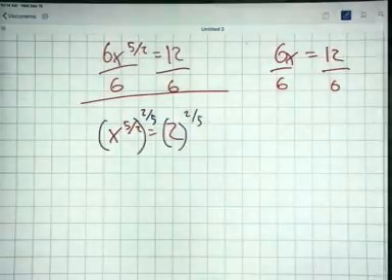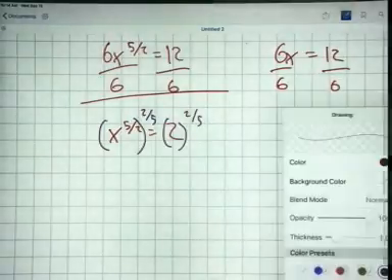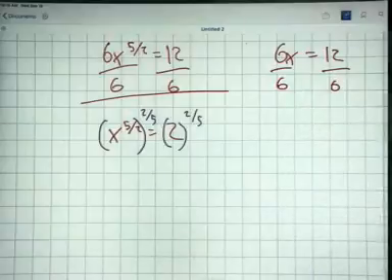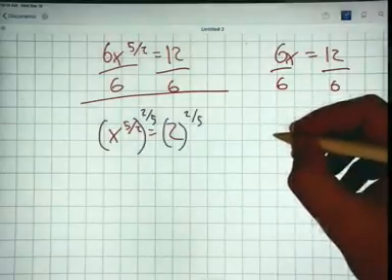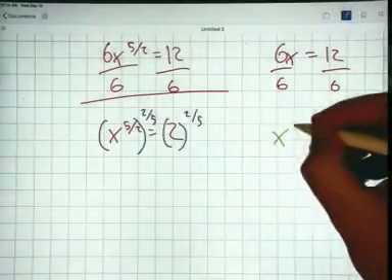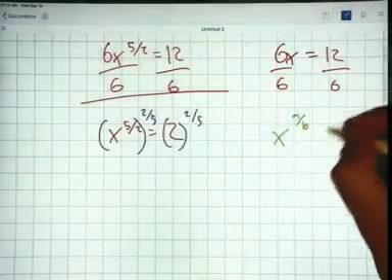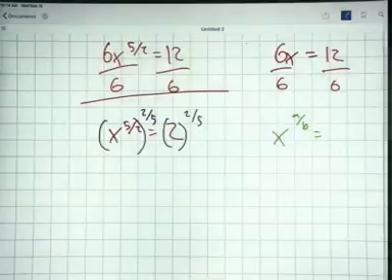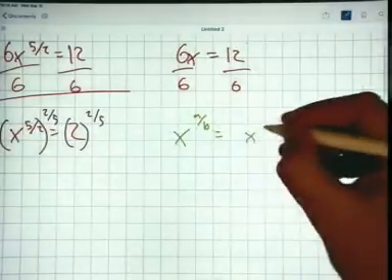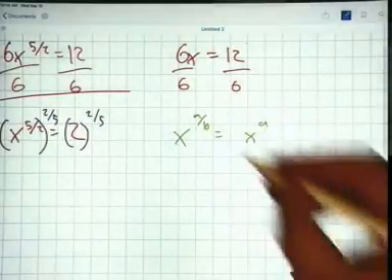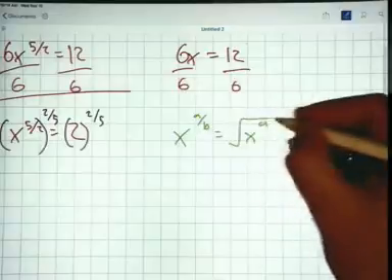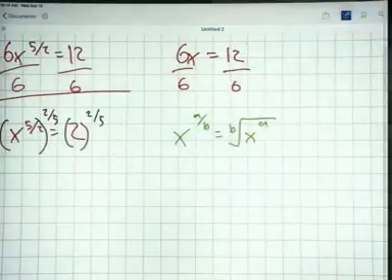A couple of things that we need to know. X to the a over b. How do we express x to the a over b? The a is the power of x. B is the index of the radical.